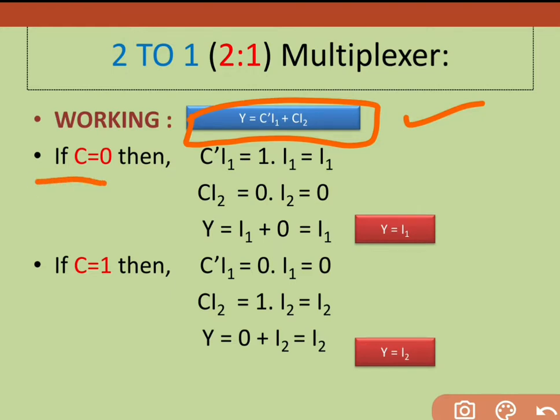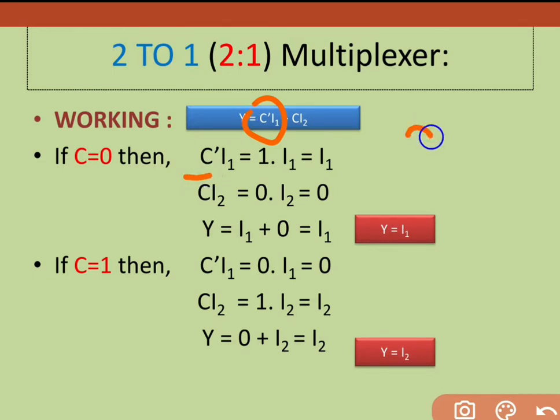When we are providing C as 0, I am putting values one by one in this equation and seeing what I am getting. If I am providing 0 as C, then C dash becomes 1. That's why I wrote 1, and I1 is already there.